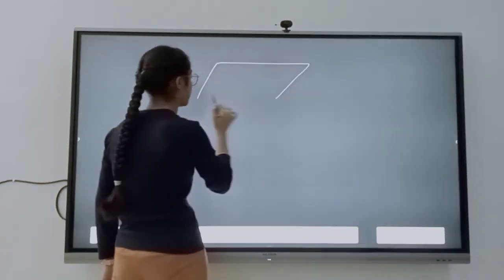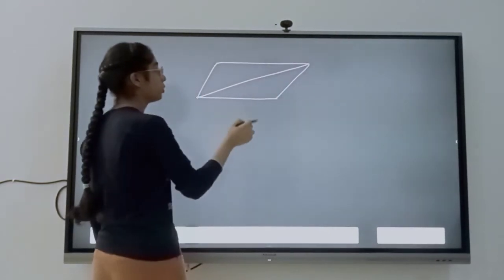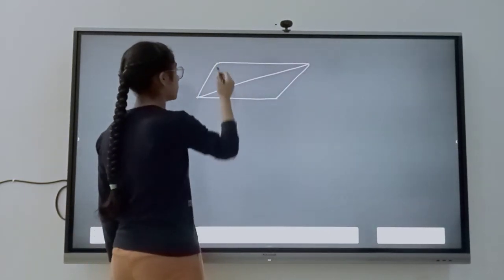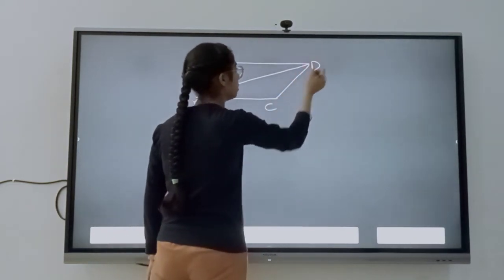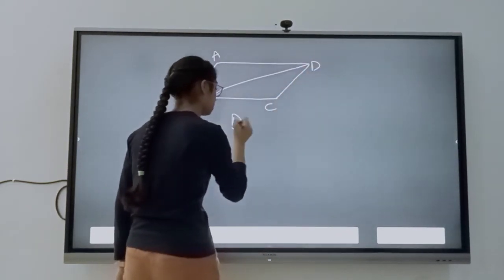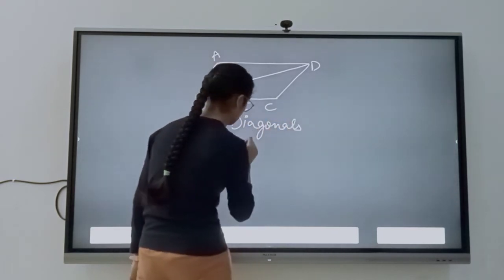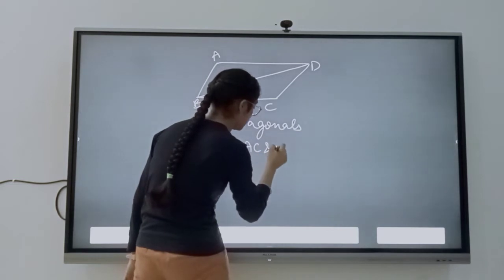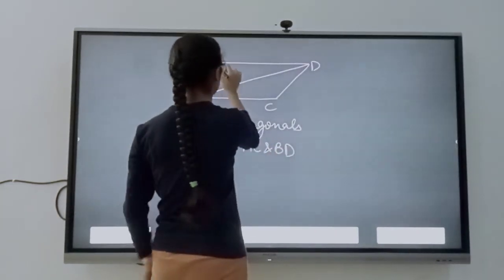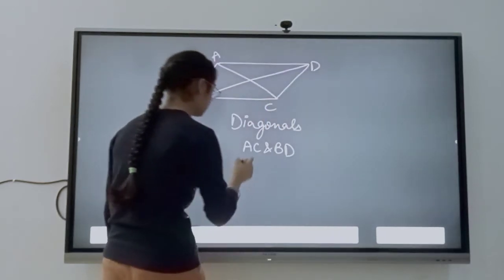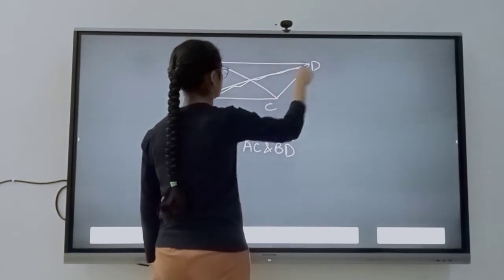The diagonals of a parallelogram bisect it into two congruent triangles. So for instance, let's take an example of this parallelogram. In it, diagonals are AC and BD. So I am taking these two triangles.